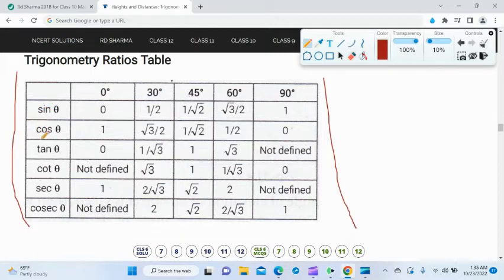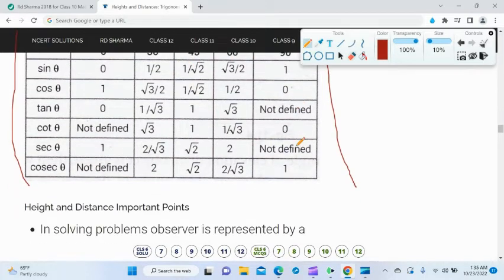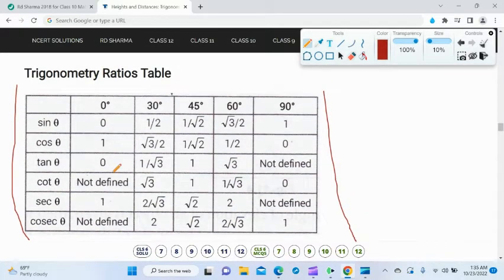For sine theta it's 0, for cos theta it's 1, for tan theta it's 0. Again for cot it is undefined, and sec. Like this, for 30 degree, 45 degree, 60 degree, and 90 degrees, all the values we have to just remember.